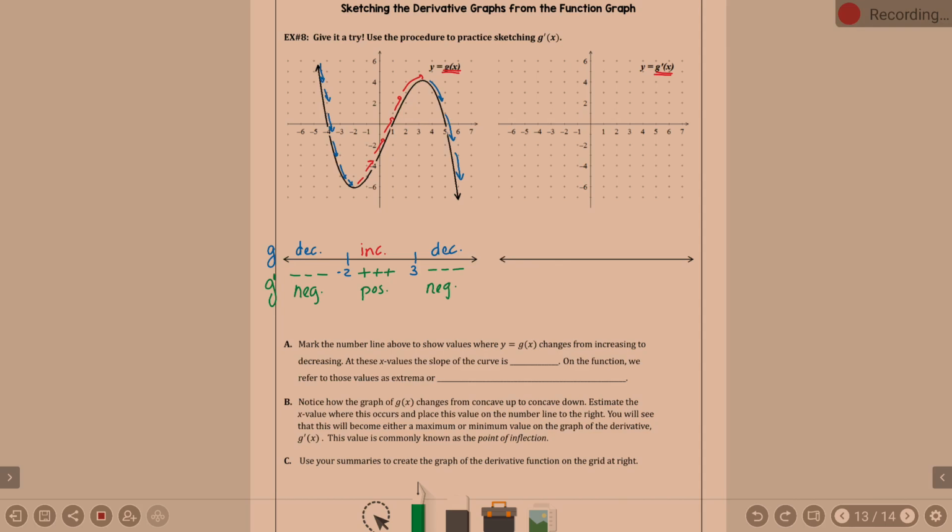So what that tells me when I get over here, because that's what I'm trying to get you guys to see, is that my graph has to be negative, then positive, then negative. Okay? Now, right here and right here, what are those slopes? 0, yes?